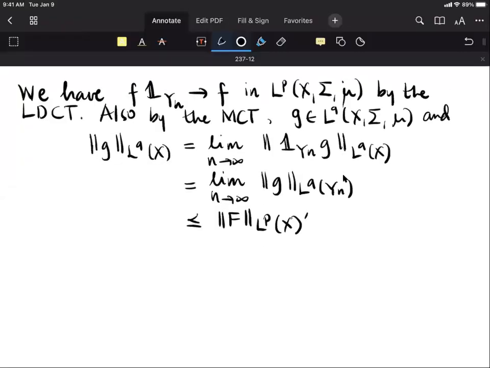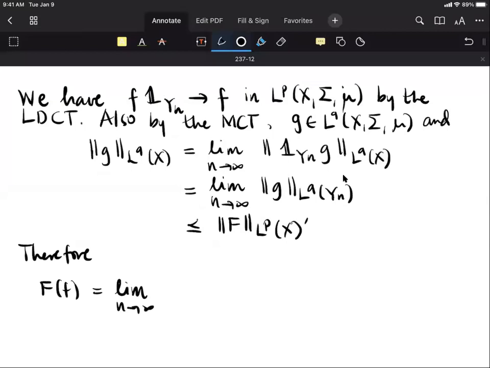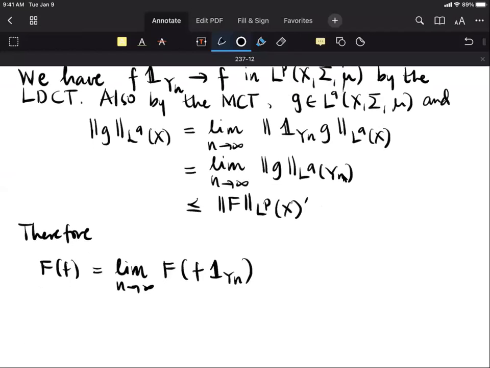And therefore, we can now apply the continuity of capital F. So this is F of f times the characteristic function of Y n, according to this limit here. And this is the same as the limit of the integral over x of f times the characteristic function of Y n g d mu.